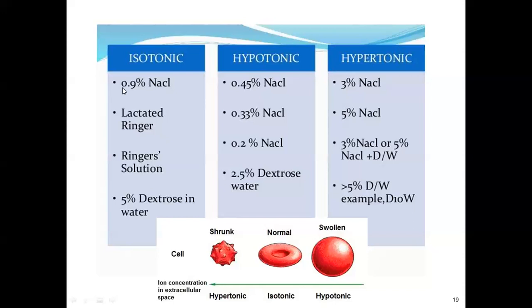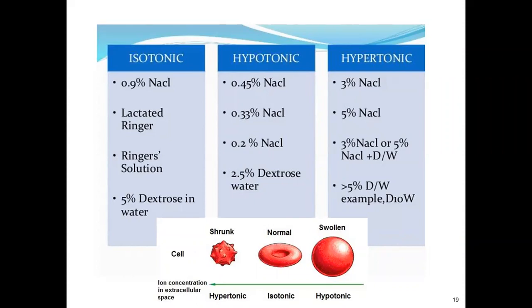So the normal isotonic is 0.9%. If anything is more than 0.9%, it is hypertonic, like 3% sodium chloride or normal saline, 5% sodium chloride or normal saline.